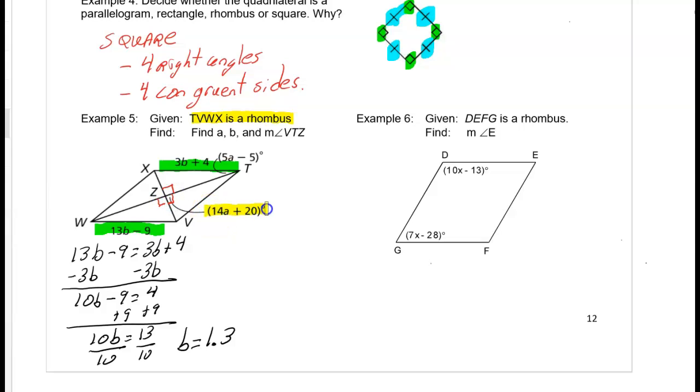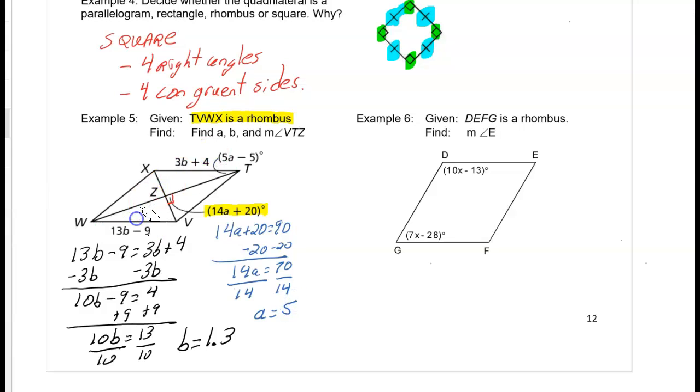That tells me this yellow angle that I just highlighted must be 90. So I know 14A plus 20 is equal to 90. We'll subtract 20 from both sides. 14A is 70. Divide by 14, and we get A to be equal to 5.